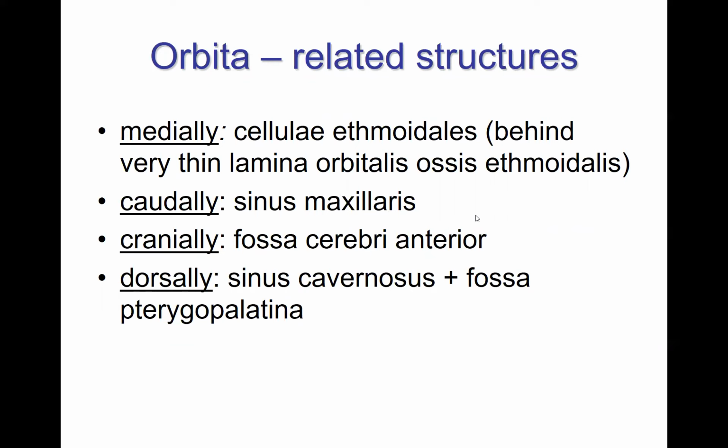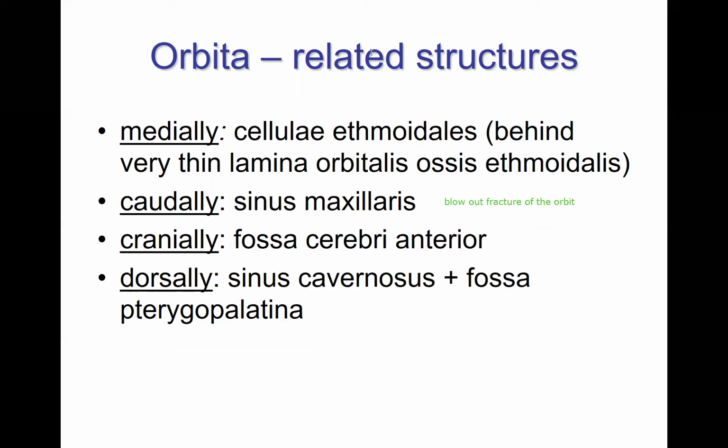The caudal wall separates the orbit from the maxillary sinus, and there's a special injury which is called blowout fracture of the orbit. And in case of this fracture, what happens?